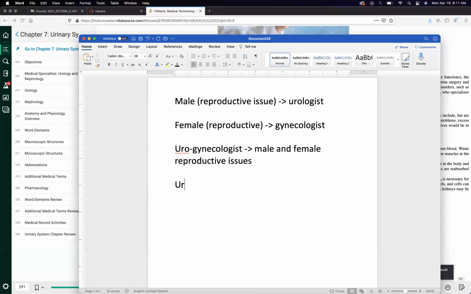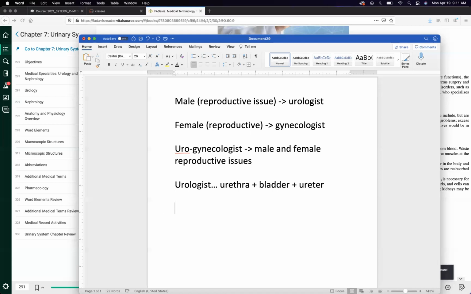But overall, urologists work on anything that has a urethra problem, bladder problem, or ureter problem. And those were the tubing and the items before the kidney.